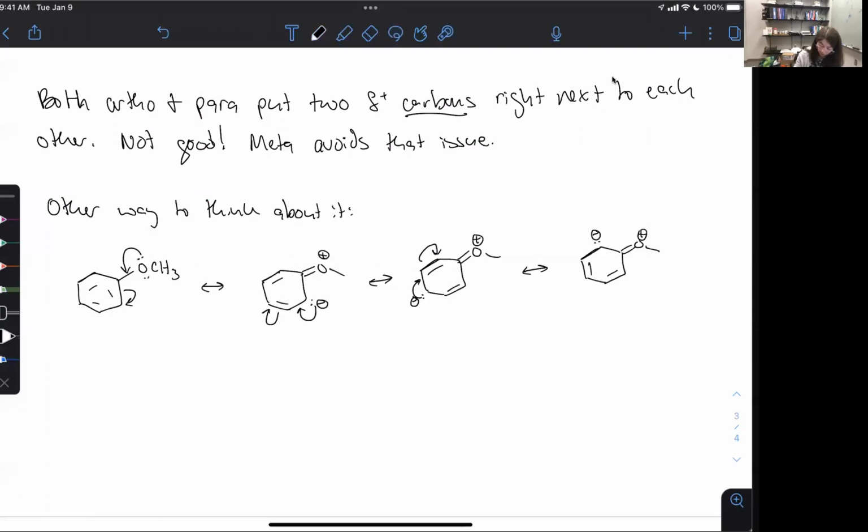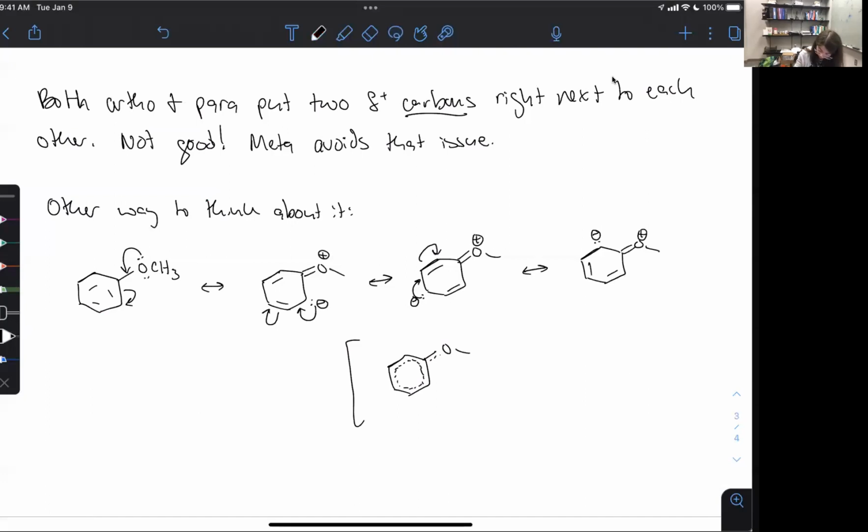Okay, so if we look at the hybrid here, we've got electrons delocalized through the ring, right? That's typical of benzene.